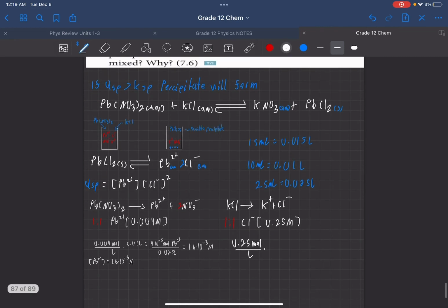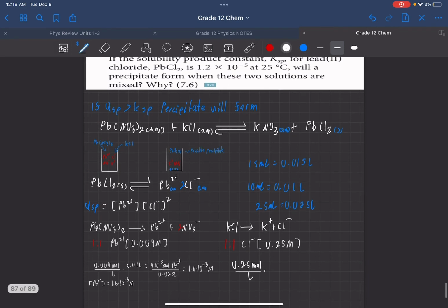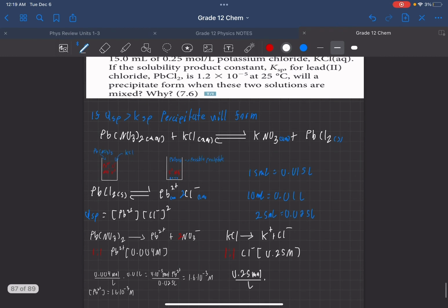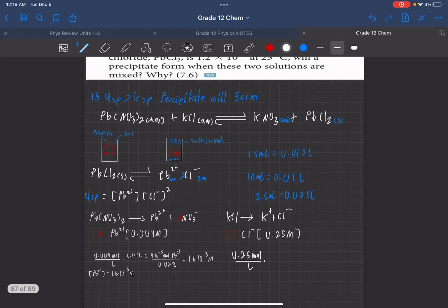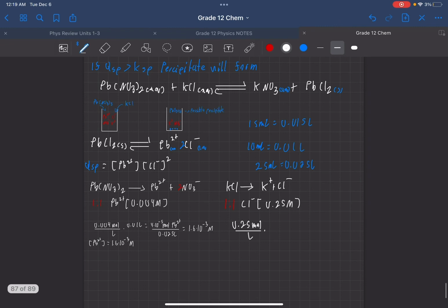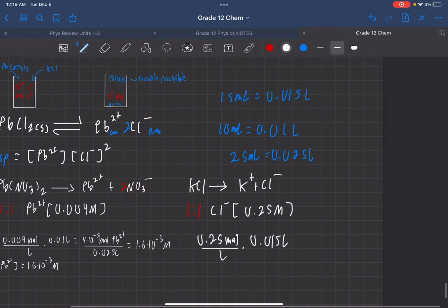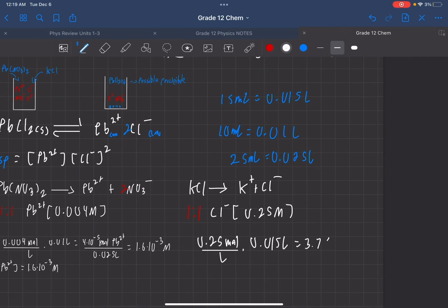So we're using 0.015 liters of this 0.25 molar solution. So 0.25 times 0.015, and we get 3.75 times 10 to the negative 3 moles of Cl minus. We cancel these liters and we're left with moles.